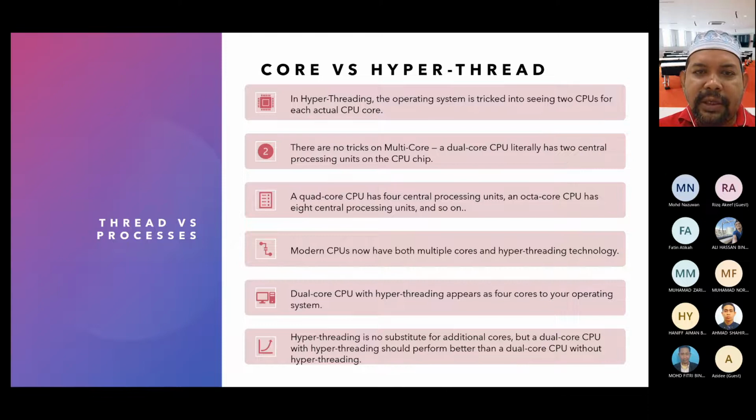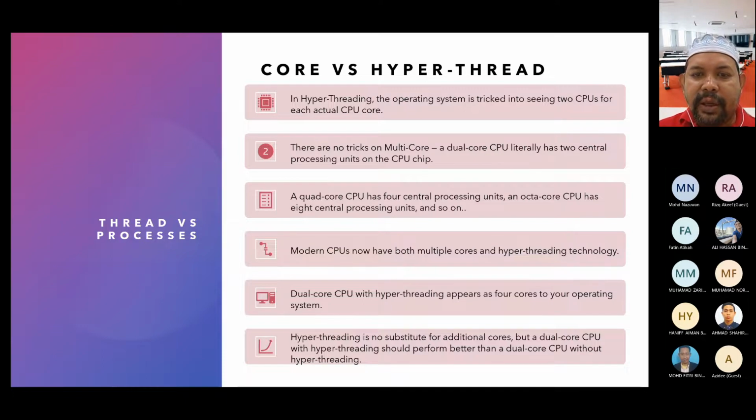So in hyperthreading, the operating system is tricked into seeing two CPUs for each actual CPU core. Okay, there is no trick with multiple cores. A dual core CPU literally has 2 central processing units on the CPU chip, a quad core CPU has 4, an octa core CPU has 8, and so on.